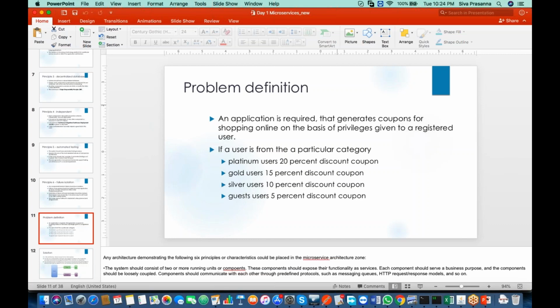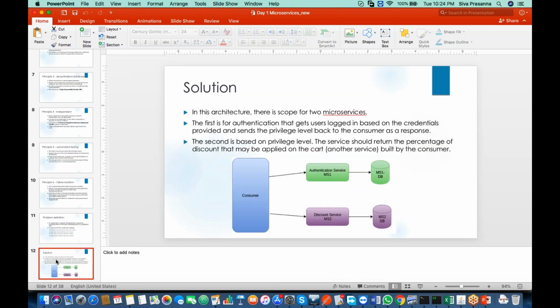That's the way we understand or define a problem statement and then start giving a solution for it. This is how the solution would look. There will be an authentication service which is responsible for just authenticating and giving the appropriate response saying, this guy is of such and such privilege level.